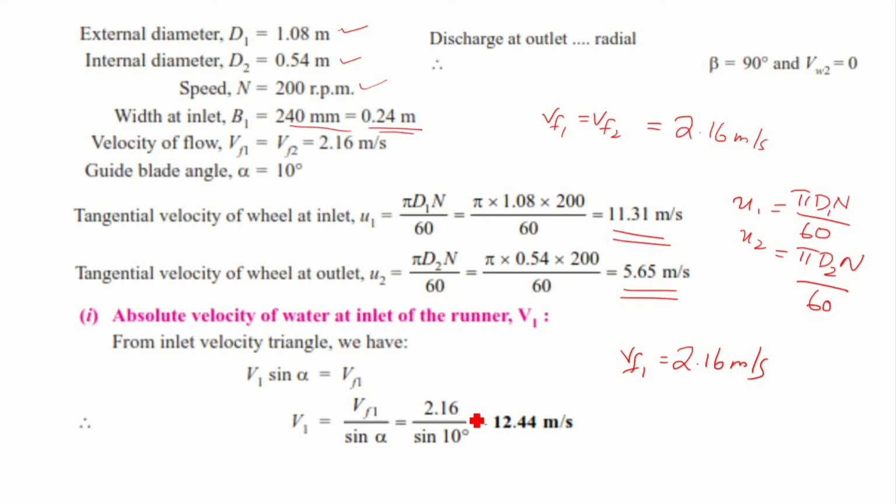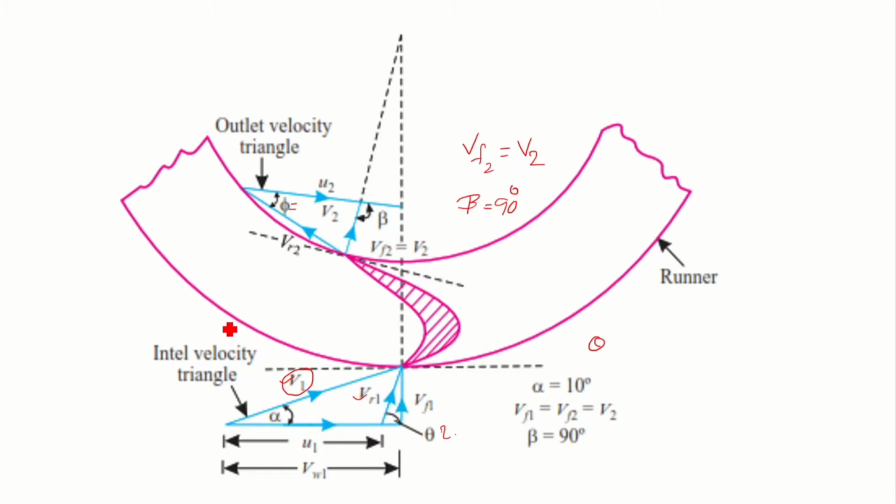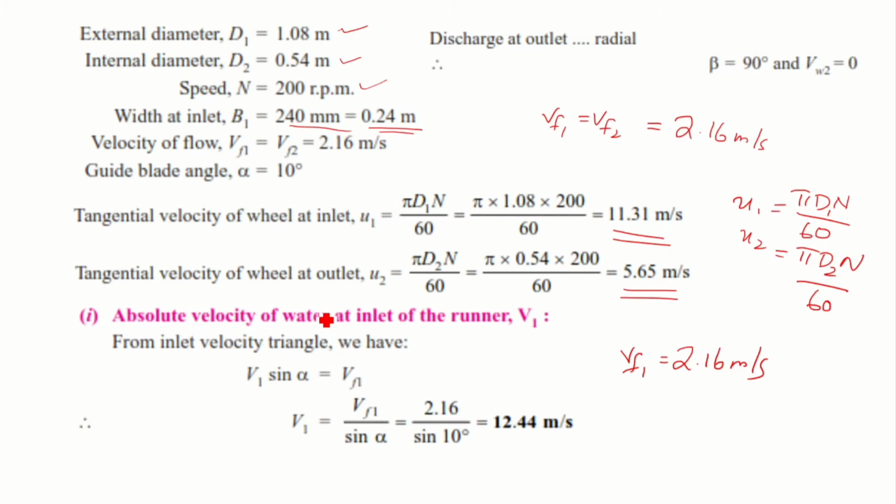Vf1 is the vertical component of V1. So we can take it as V1 sin alpha is equal to Vf1. From this equation, V1 is equal to Vf1 divided by sin alpha. By substituting the values, you will get the answer as 12.44 meter per second.